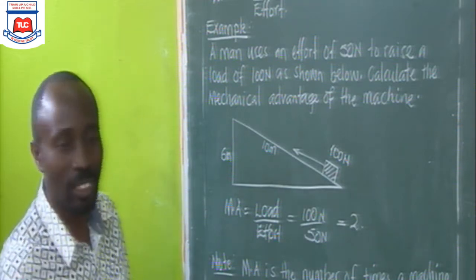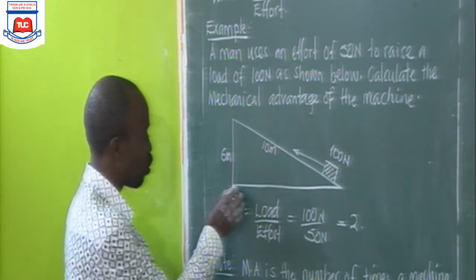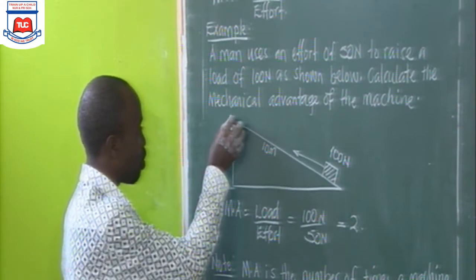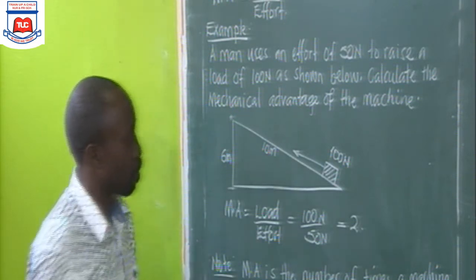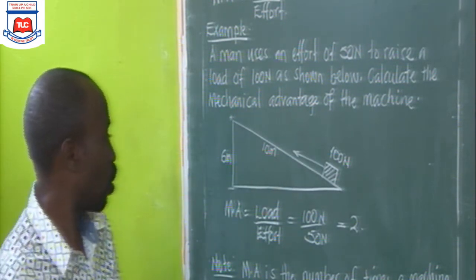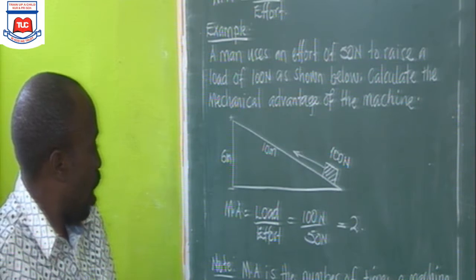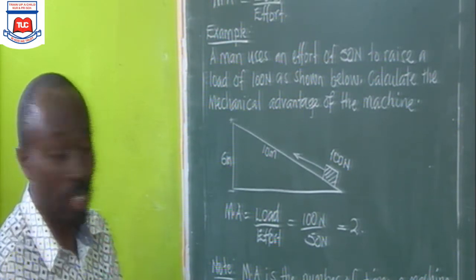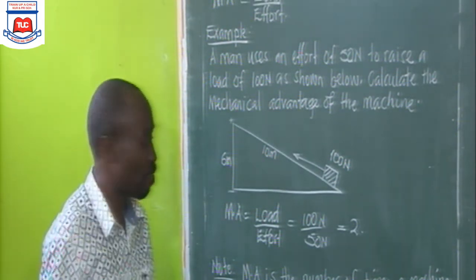The height is 6 meters. This is the foot, and this is the point where the load has to reach. So we want to see how work is simplified here using mechanical advantage.